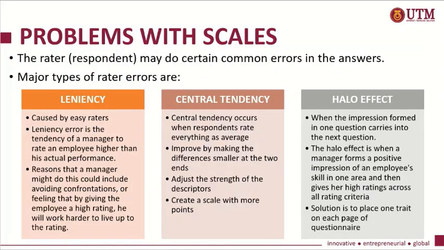There are several common problems or errors that might occur if we make the wrong choice of scales in a questionnaire. First is leniency error, caused by easy raters. For example, the tendency of a manager to rate an employee higher than his actual performance.